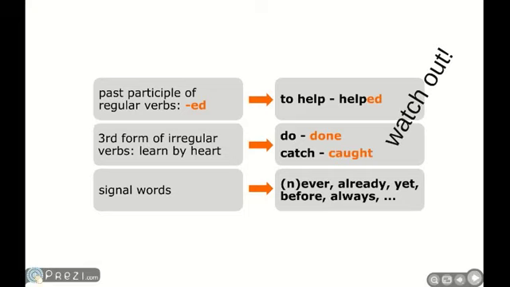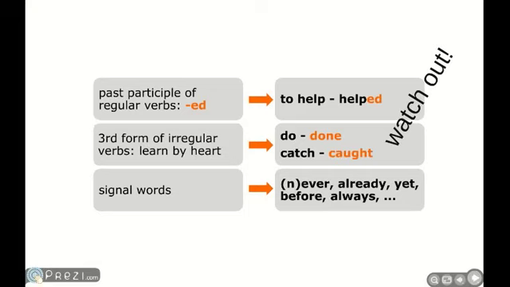You take your verb, for example, to help, and you put an ed to the end, and then you have helped, a past participle. There's also, however, a couple of irregular verbs, and the third forms, the past participles of these irregular verbs, have to be learned by heart. Examples here are do, done, catch, caught. So open your grammar books, please, and learn them. There's no way around it.